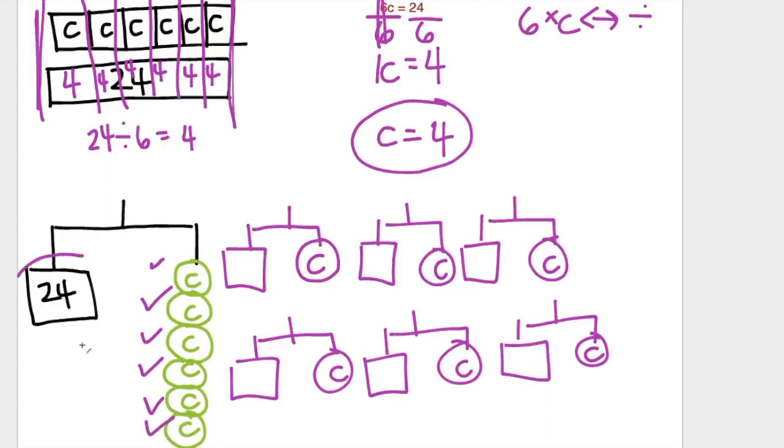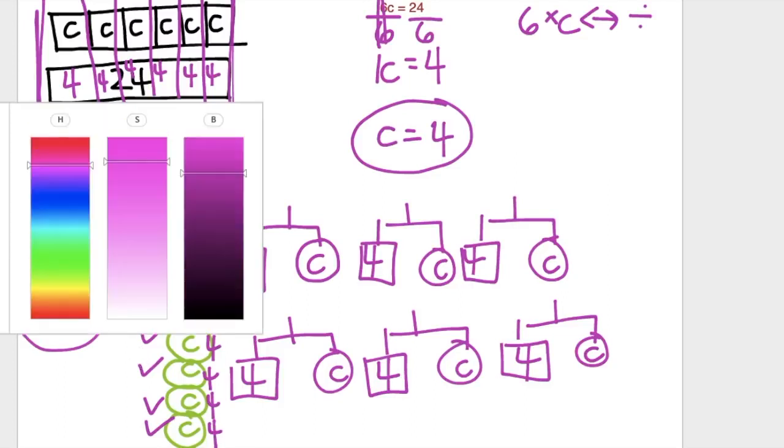It has to balance out with 24. So what is the amount that would go into each of those hangers for each of the c's? Each of the c's would be equal to 4, let's say, ounces. So that in total, each of these c's added up together, 4 plus 4 plus 4 plus 4 plus 4 plus 4 would get it to 24.